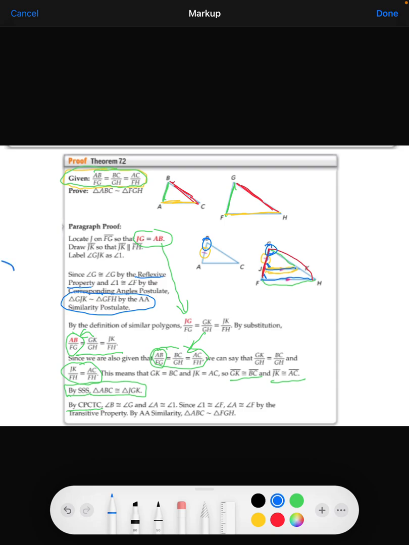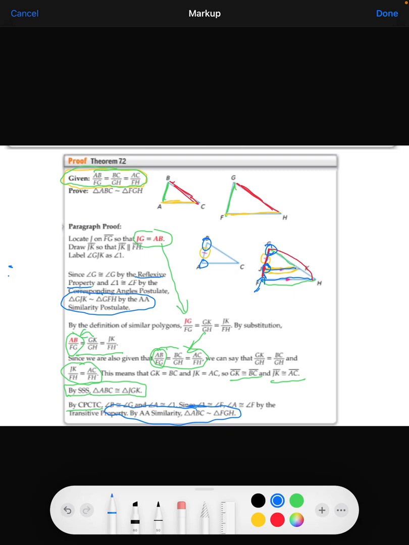And A, this angle here, is equal to angle 1. And since 1 equals F, this one here, by the transitive property, we can say that ABC is similar to FGH.